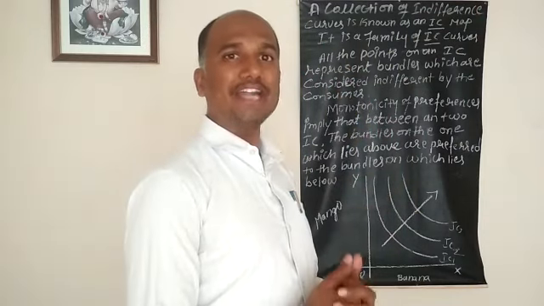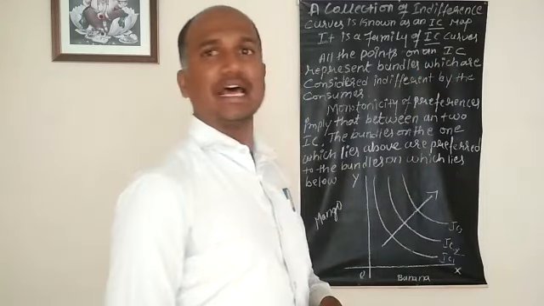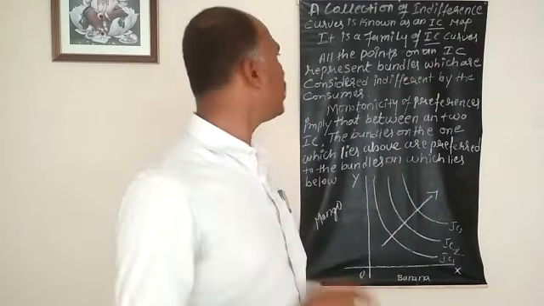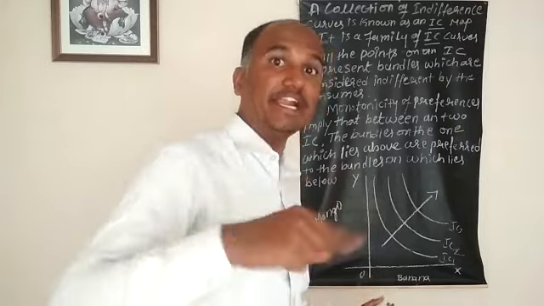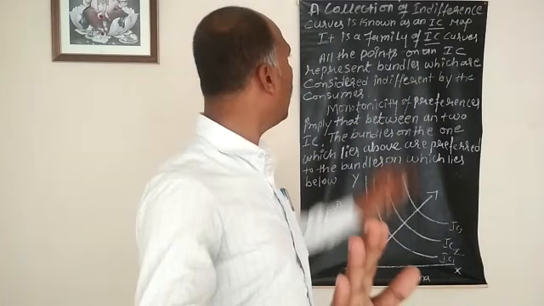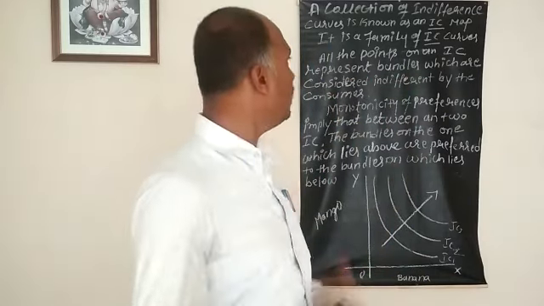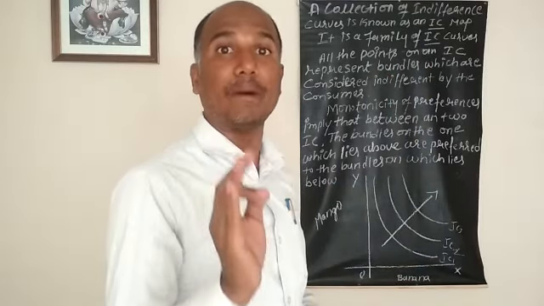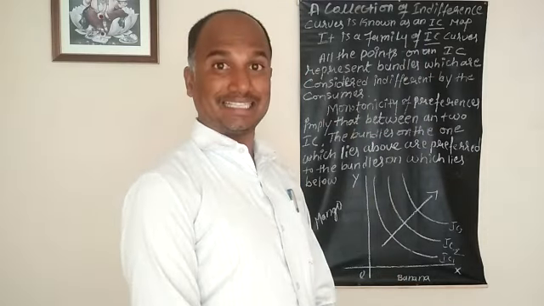All the points on an indifference curve represent bundles or combinations which are considered indifferent by the consumer, as I showed in the table. And here comes monotonicity.